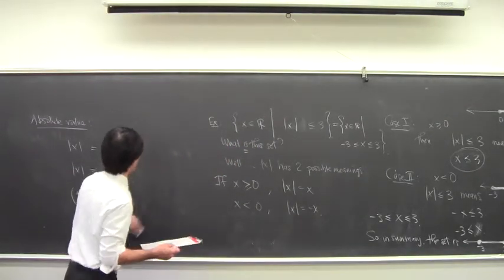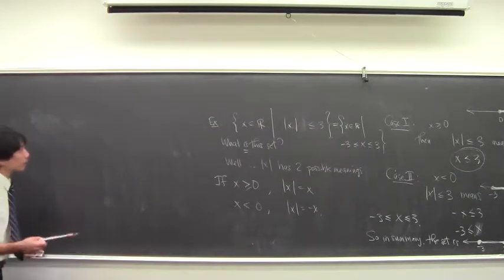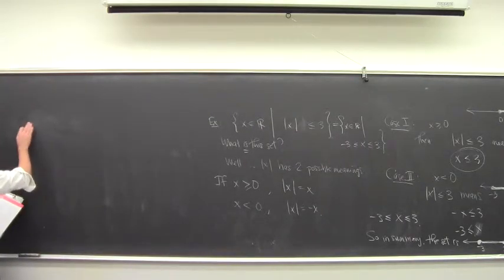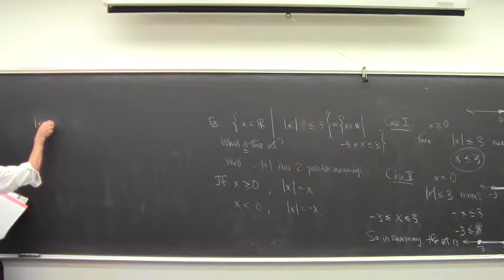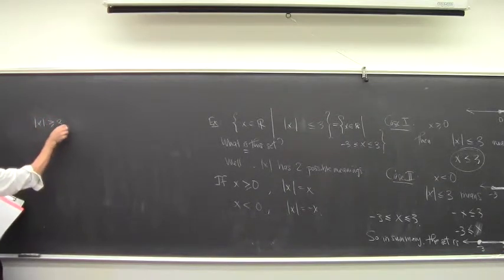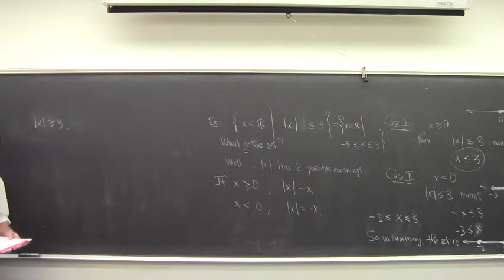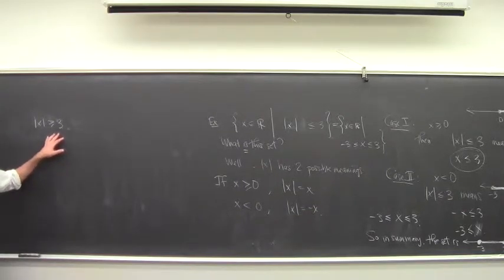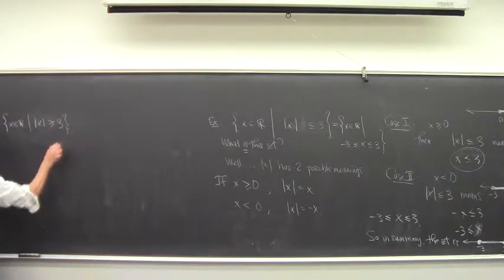Okay, let's do another example. The same sort of thing. Let's say that the absolute value of x is bigger than 3. So I'll let you figure it out. Take 2 minutes and figure out what this set is in the same way.